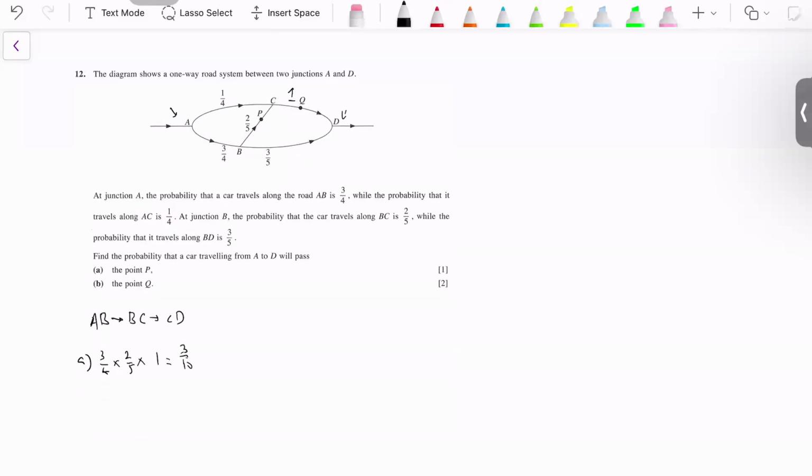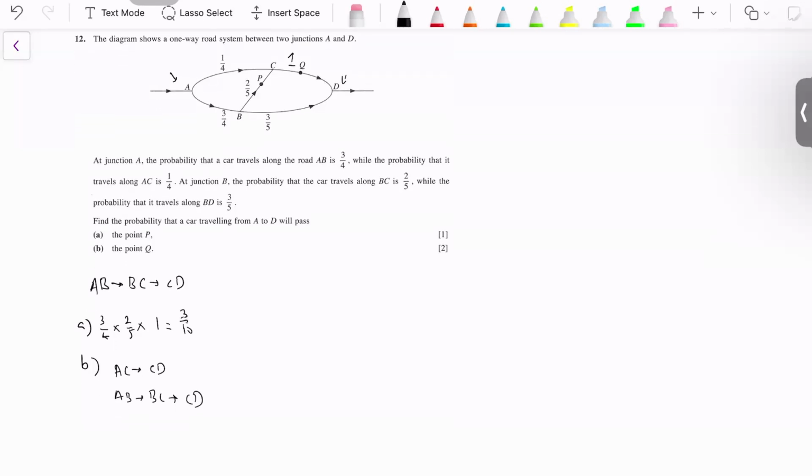Okay, part B. Find the probability that a car will pass through point Q. In this case, there are a few ways. It must go from AC to CD, that's the first way, or AB to BC to CD, that's the second path.